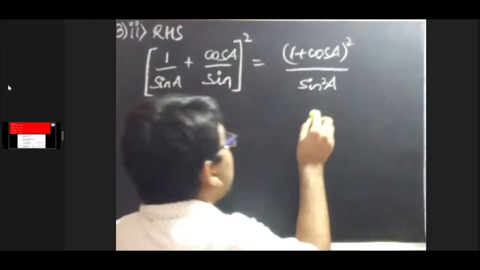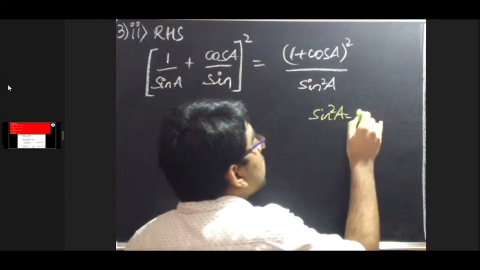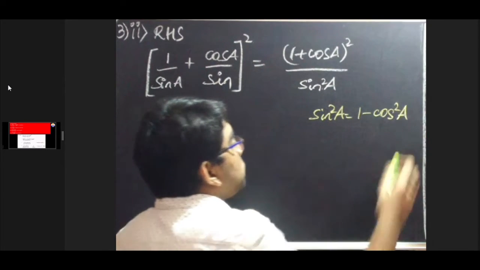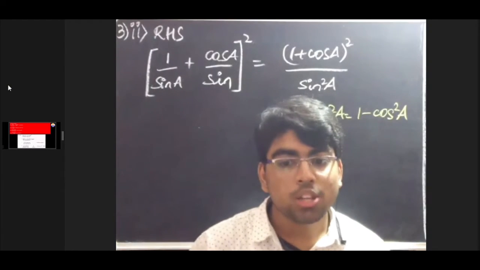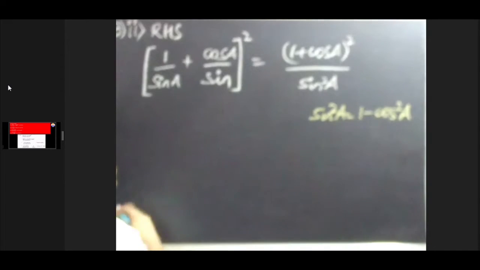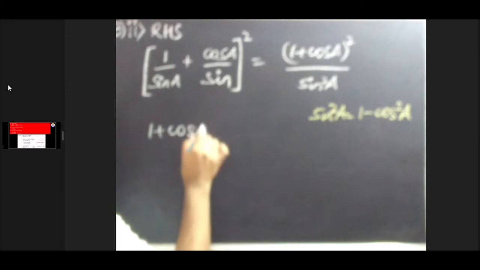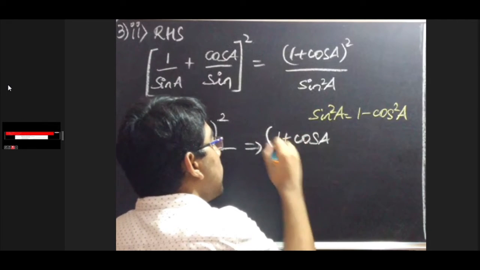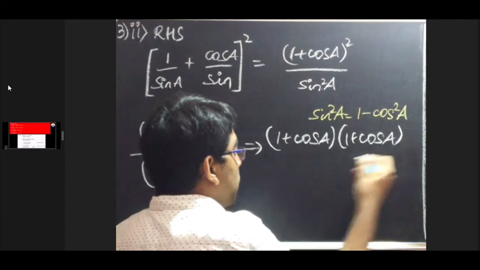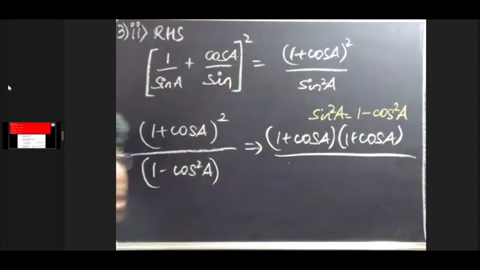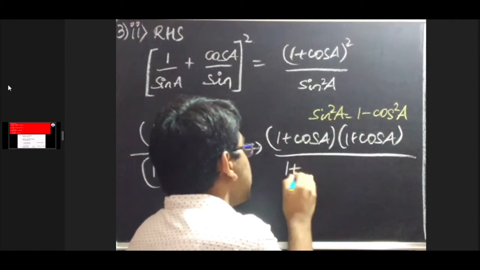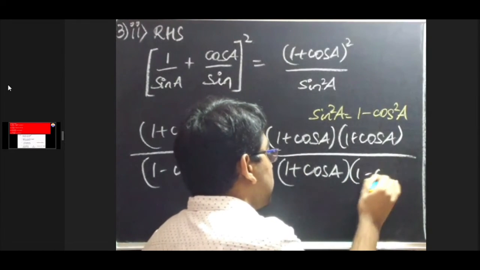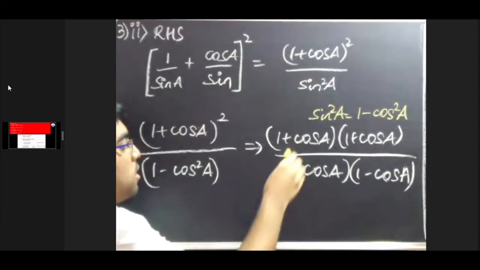So we know that sin square A equals 1 minus cos square A. With this knowledge, let's substitute sin square A as 1 minus cos square A. 1 plus cos A the whole square divided by 1 minus cos square A, which implies this is 1 plus cos A into 1 plus cos A. Here A square minus B square, we can write it as A plus B into A minus B. These two get cancelled.